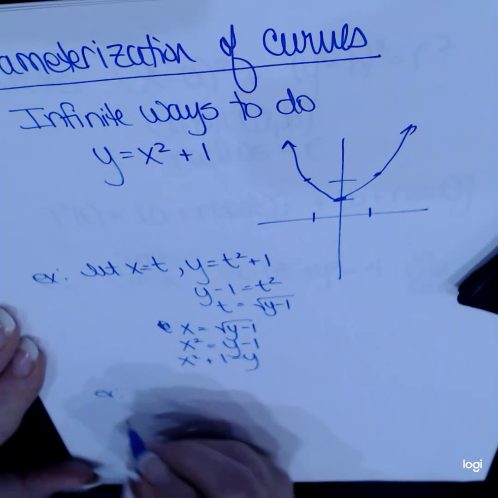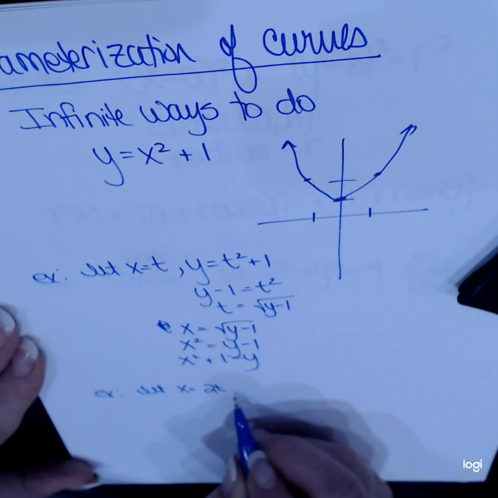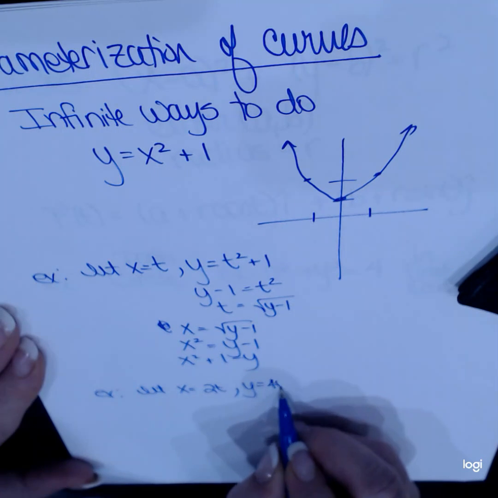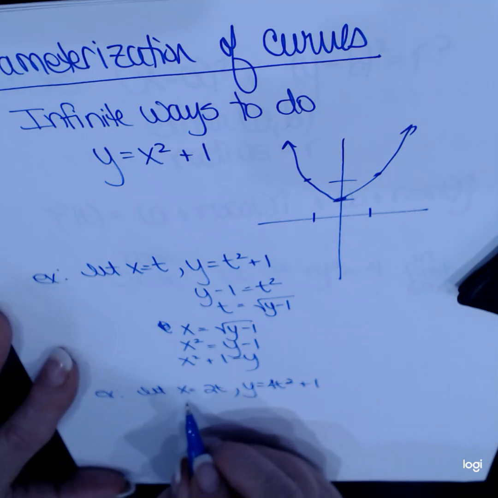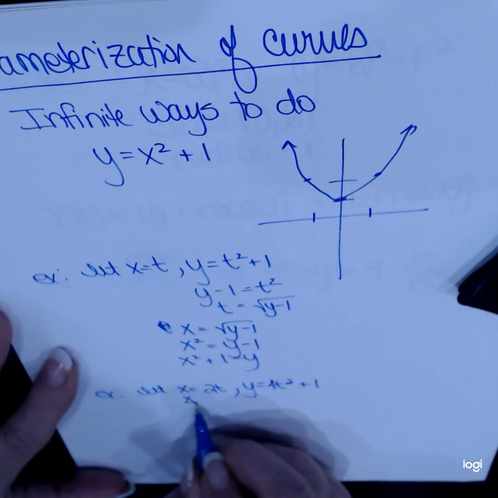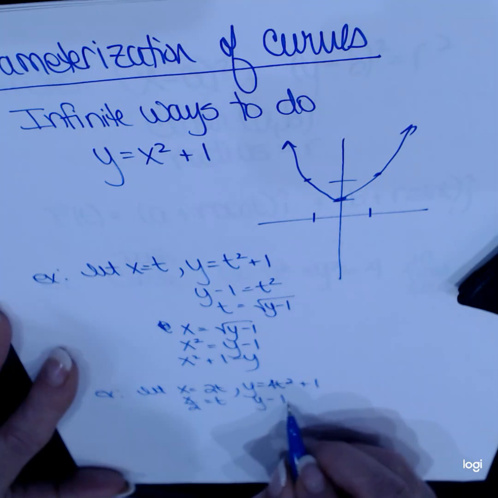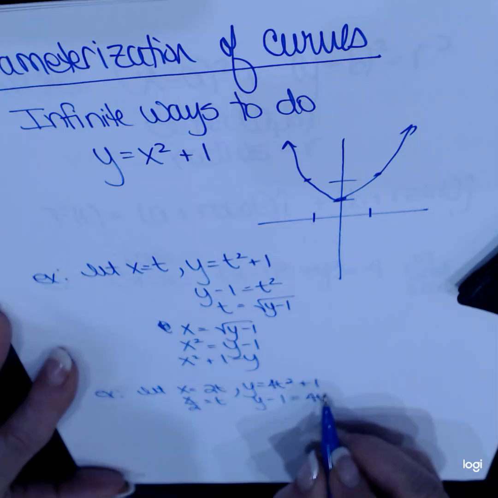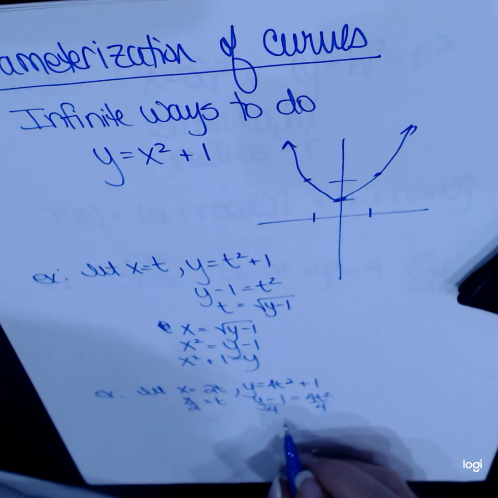I could also come in here and let x equal 2t and y equal 4t squared plus 1. If I were to do that, eliminate the parameter, x over 2 is equal to t, and y minus 1 is equal to 4t squared. We can divide through by 4, then take the square root of both sides.